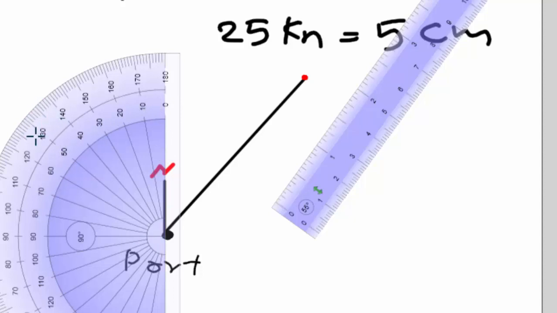The 0 is here. We have to follow these smaller numbers, or there's another way. Since 315 is 45 degrees less than 360 and one turn is 360 degrees, we can just draw an angle 45 degrees and see, 45 degrees is right here. Okay, 45 degrees.